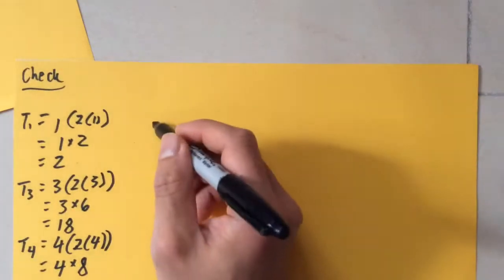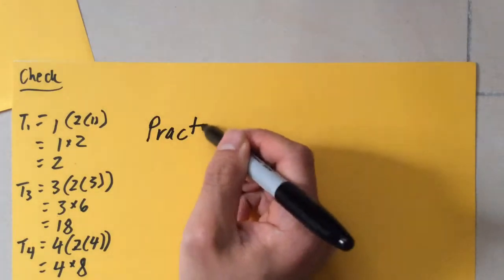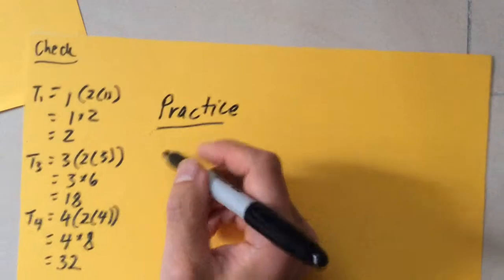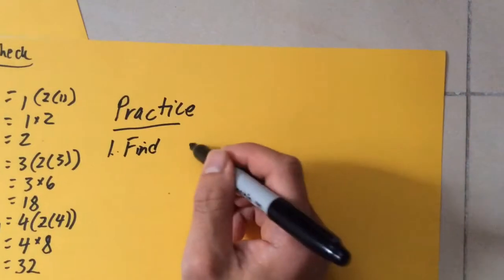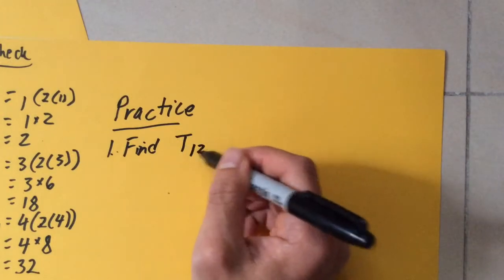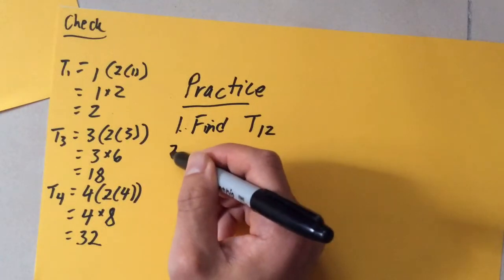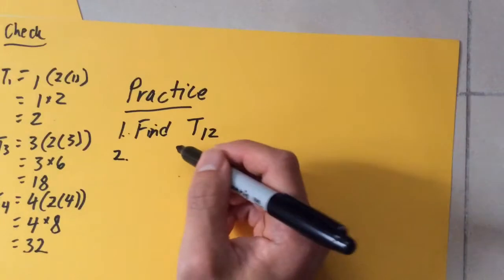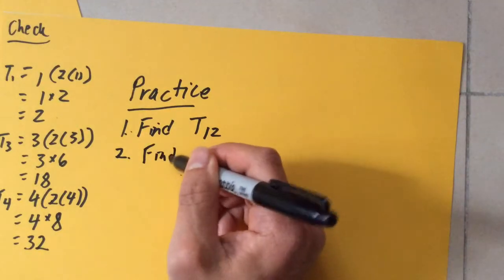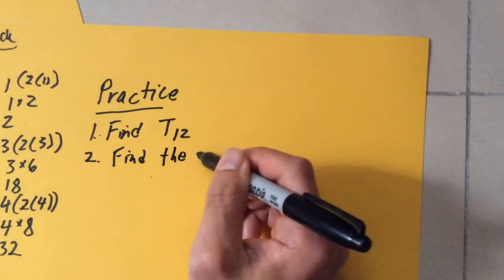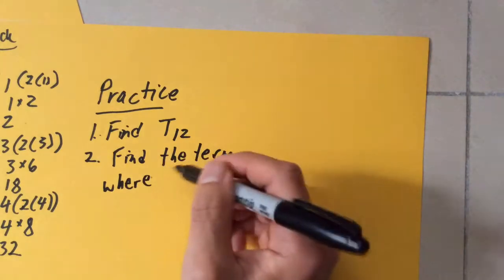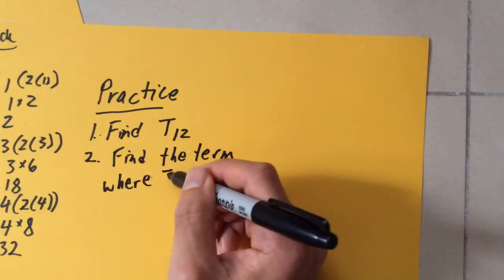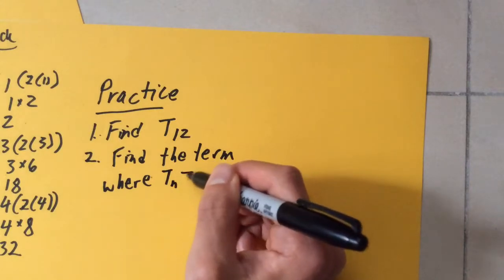Now we can also find the value of other terms. As practice, you can find T12, and find a term where Tn is equal to 200, that is, find what the value of n is.